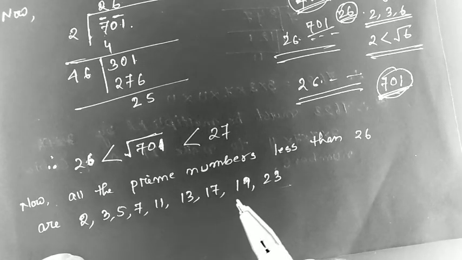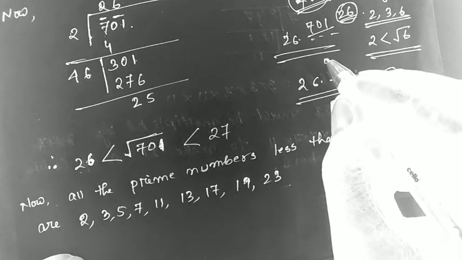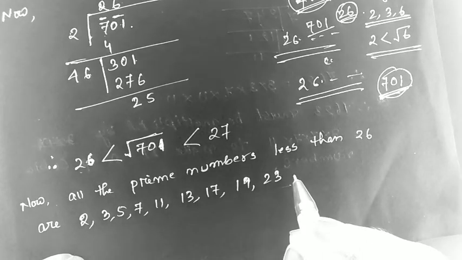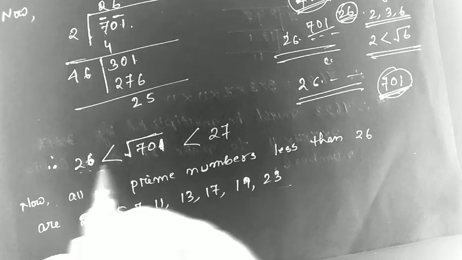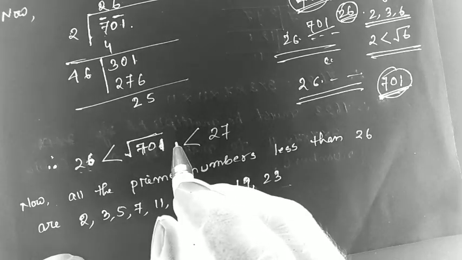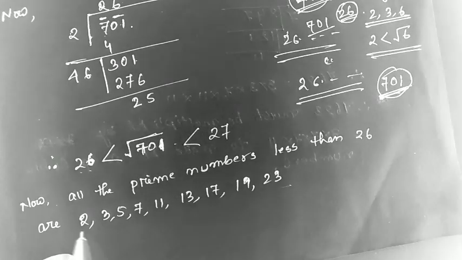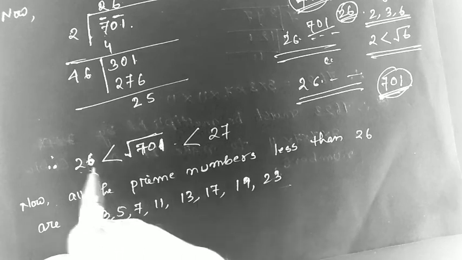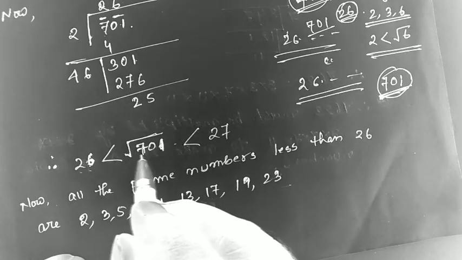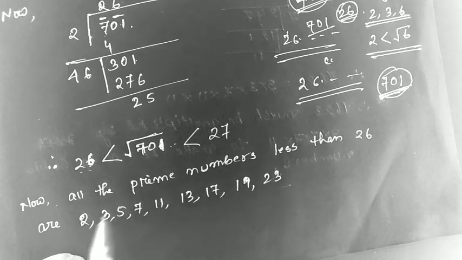Why are we considering prime numbers? Because we know that a composite number is expressed as a product of prime numbers. So we are considering the prime numbers below 26. If 701 were a composite number, then it must be divisible by one of the factors less than 26. But if you check one by one, 701 is never divided by any of these numbers.